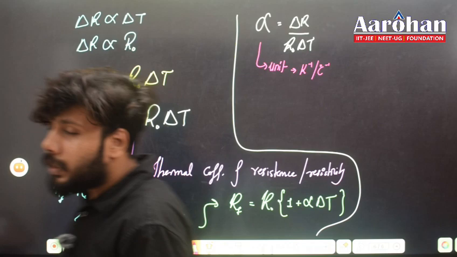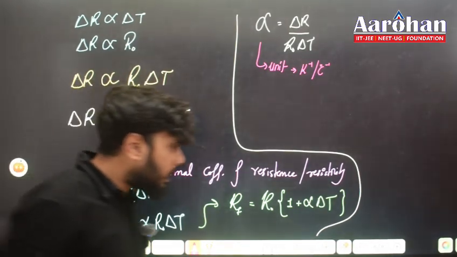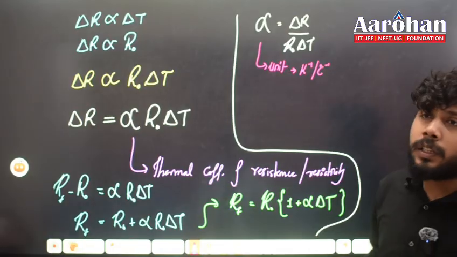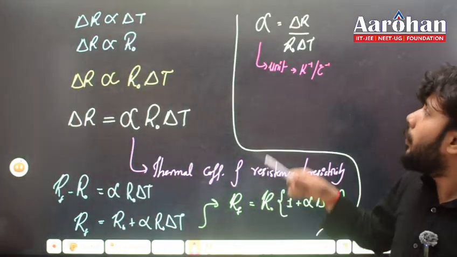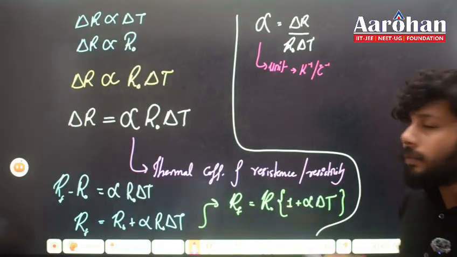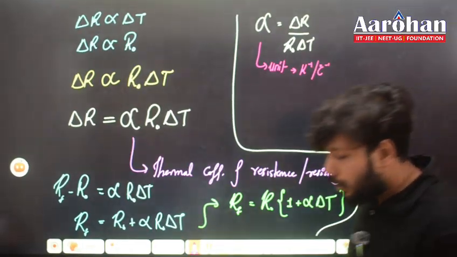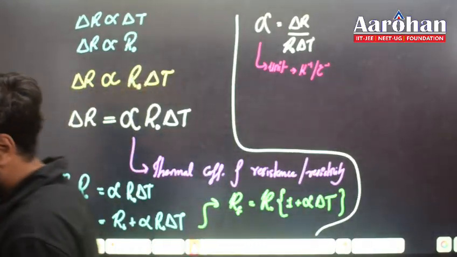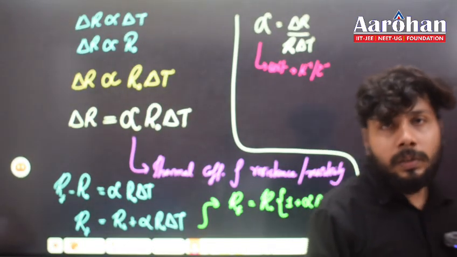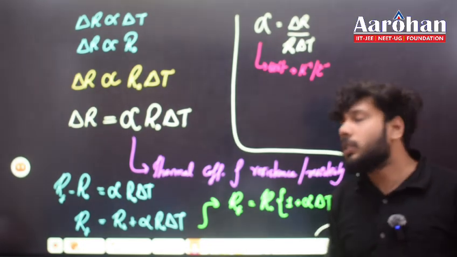So what is the definition of alpha? You can simply define alpha as how much the resistance will change for a unit resistance conductor when the temperature increases by 1 degree Celsius or 1 Kelvin. To define anything in physics or chemistry, you can make the denominator 1, and from that you can define alpha.